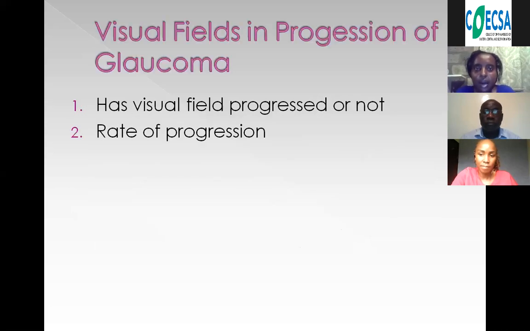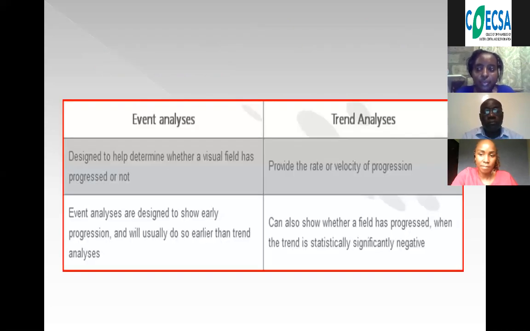So, visual fields in progression. The thing we want to ask ourselves about a field is: has it progressed or not? And if it has, what is the rate of progression? You use two methods to check progression: event analysis and trend analysis. Event analysis will help you determine whether the field has progressed or not.